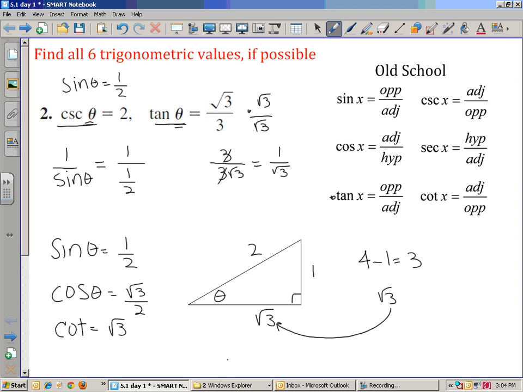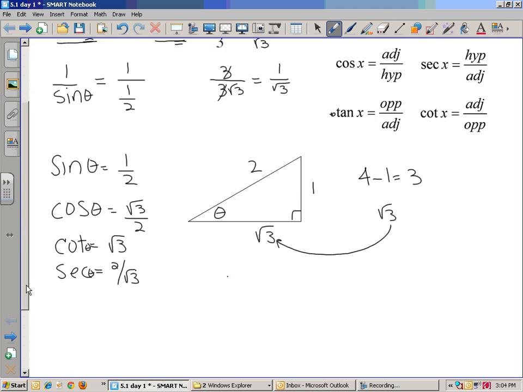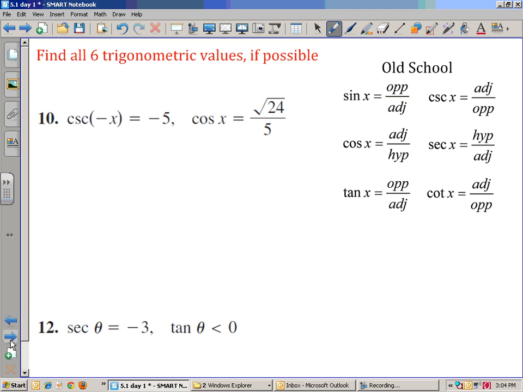And then the remaining is secant, and secant of theta is going to be cosine flipped, so 2 over the square root of 3. And that's how we would have done it back in chapter 4, sections 1 through 6, I guess. And so we want to take this information and use it again, and let's see what happens here. So again, we're finding the 6 trigonometric values if possible.